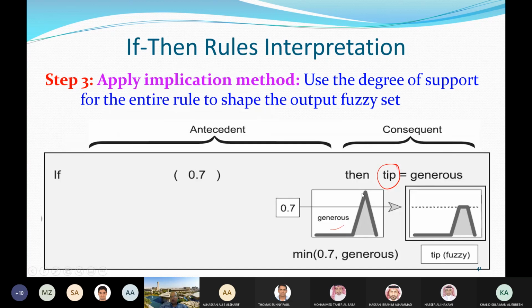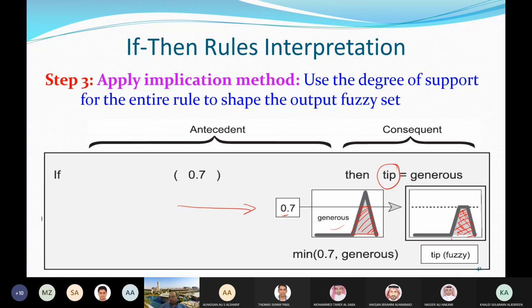So we show you here the membership function of the generous. This is 0.7, which comes from the antecedent. So this is the output of this rule. It's 0.7, so we eliminate above 0.7. The degree of satisfaction is 0.7.